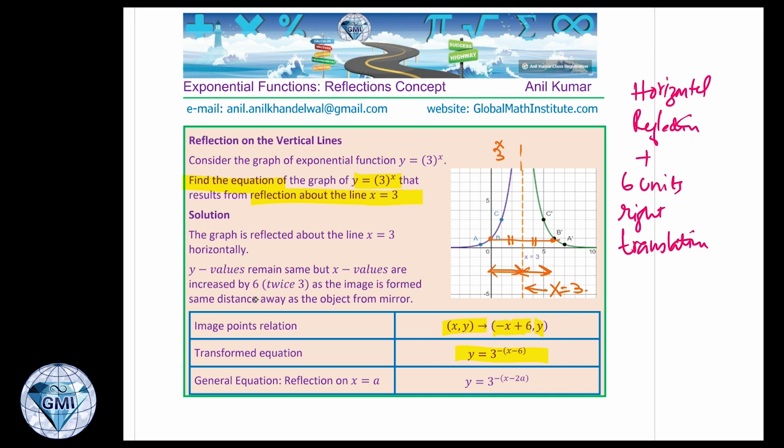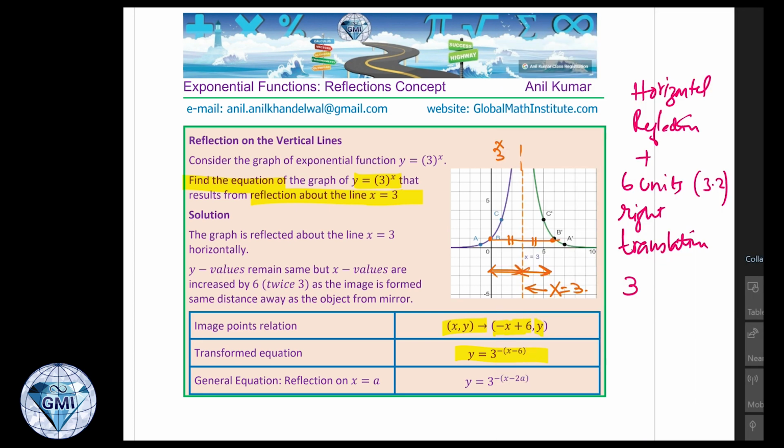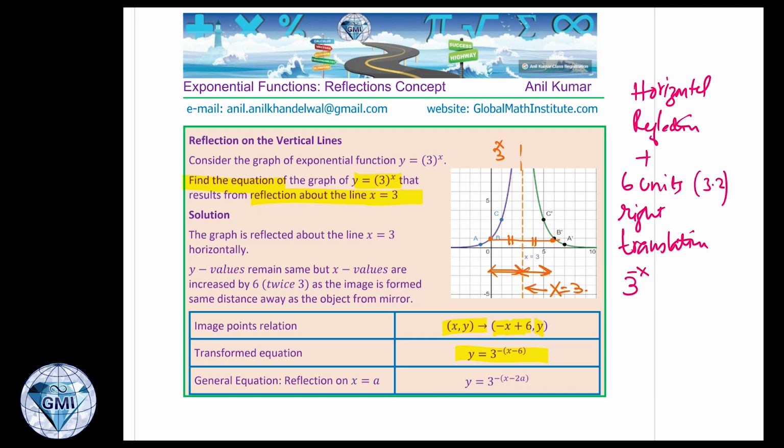How do we get 6 units? It is 3 times 2. We get 6. Therefore, the equation will be 3 to the power of minus x, which is the horizontal reflection. Let me write in brackets. Moving 6 units to the right will give us minus 6, correct? So that becomes the transformed function's equation.